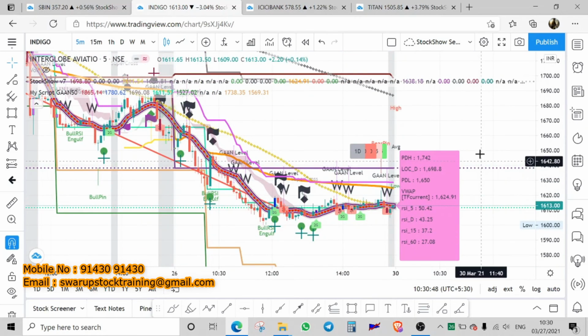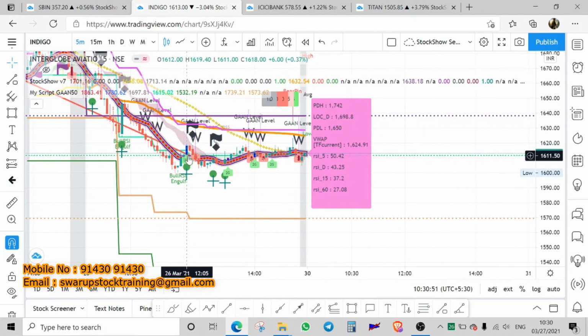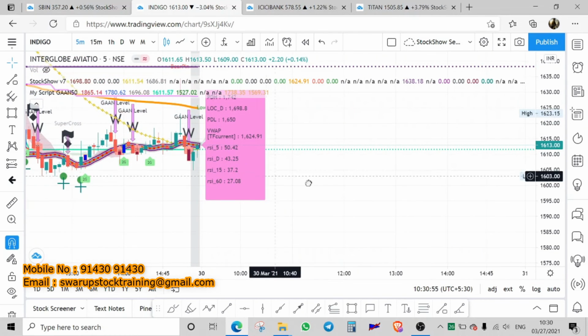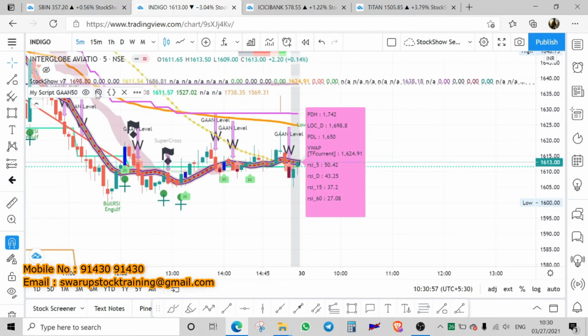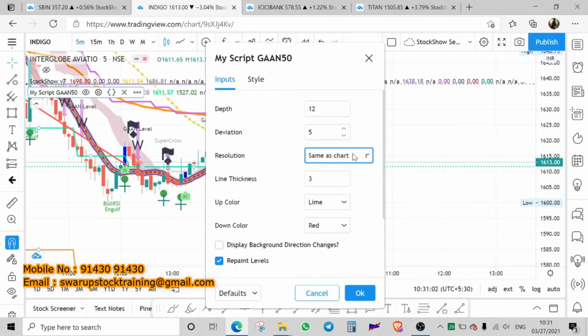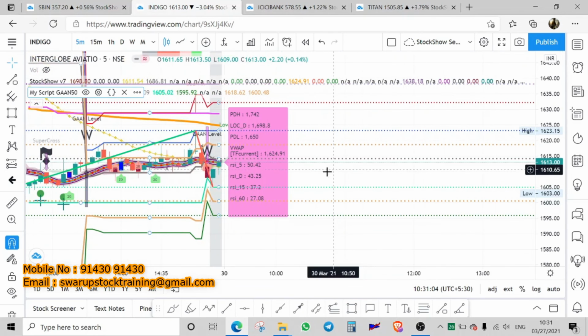This is the trend line. It is the mother trend line. So there are ways to look at all these. So since we have changed it to 1 hour chart, you are not seeing the small trend.